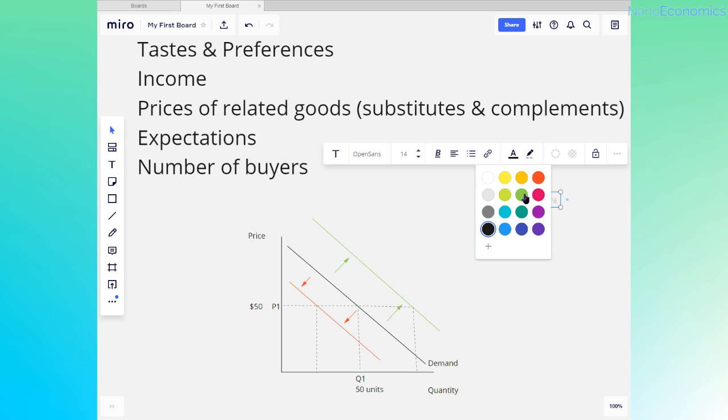So what I want to do is note what would cause this shift in either direction. To move the demand curve to the right when it comes to tastes and preferences, if our tastes were affected and that caused us to increase our demand for this good, it might be because we desire it more.